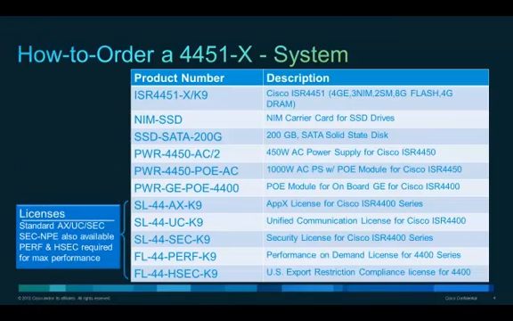In terms of software, we actually have the SKUs for the software licenses. When you're configuring a 4451X system, you will get the option to configure any of these software licenses as part of it. If you're looking for the specific part number, the specific SKU that you'll be guided to, these are those SKUs there.